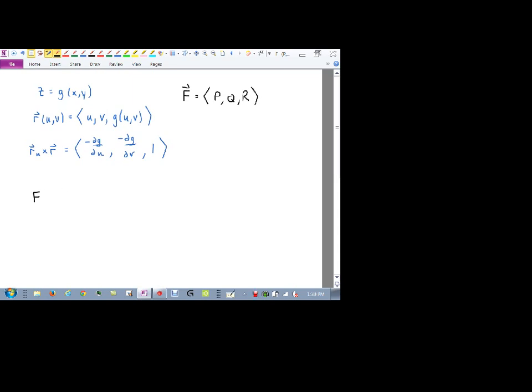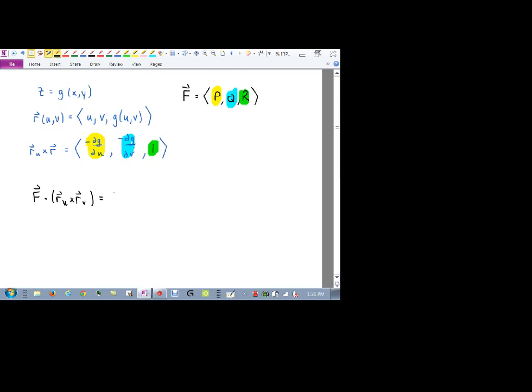When I dot them, when I do F dotted with r_u cross r_v, I get, no, sorry, not a vector. I get what? This times this, right? This times this, and then finally this times this. Agreed?